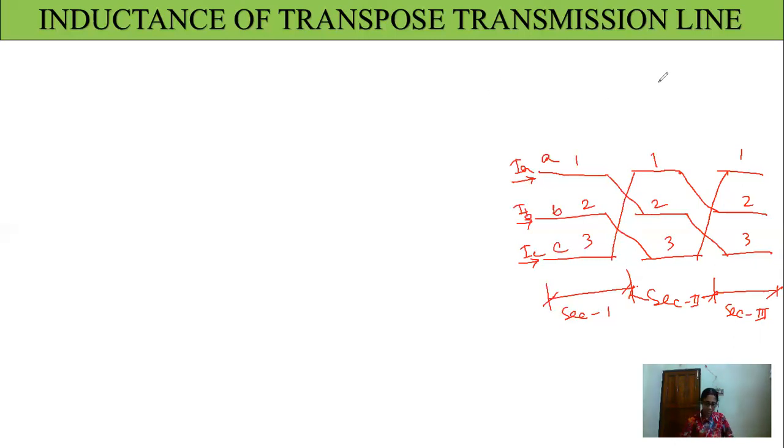Suppose for section 1 we are considering three conductors situated at the corners of a triangle, A, B, C at positions 1, 2, 3 respectively, and the distances between them can be represented as DAB, DBC, and DCA.